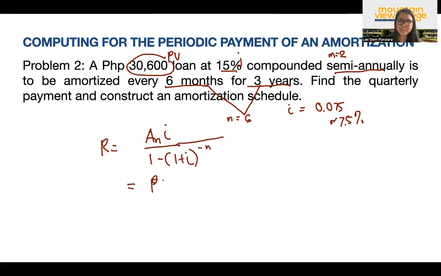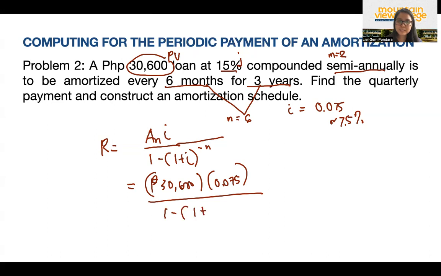So we have 30,600 times i over 1 minus (1 plus i) to the power of negative 6.